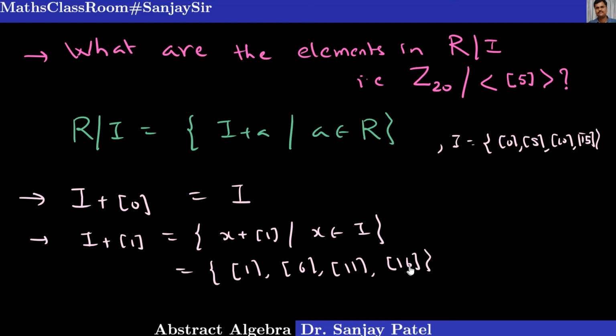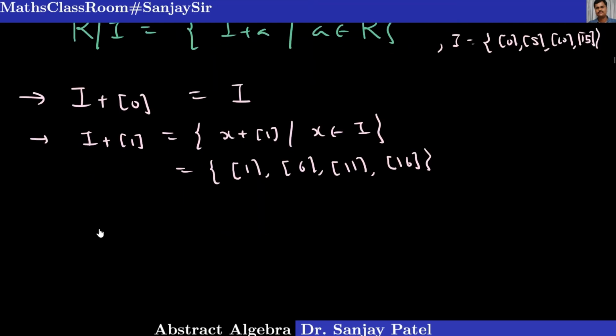Once we get this, immediately you can say that this right coset is same as I plus class 6. It is also same as I plus class 11, and it is same as I plus class 16.